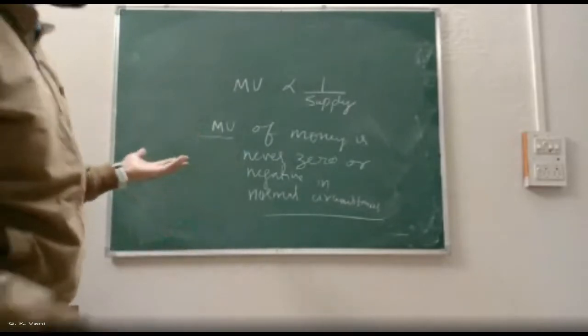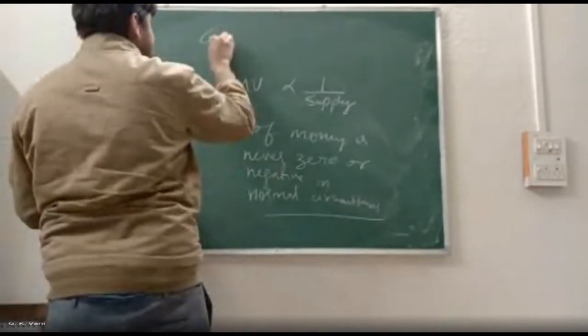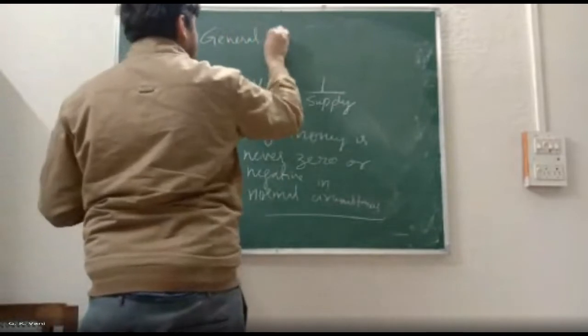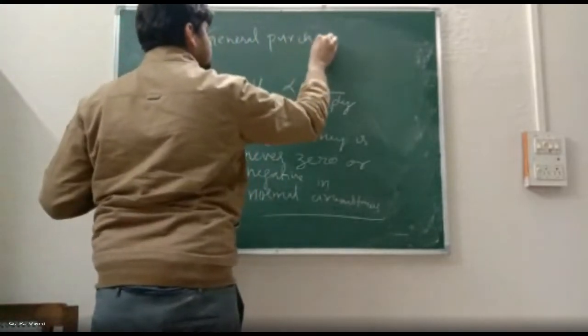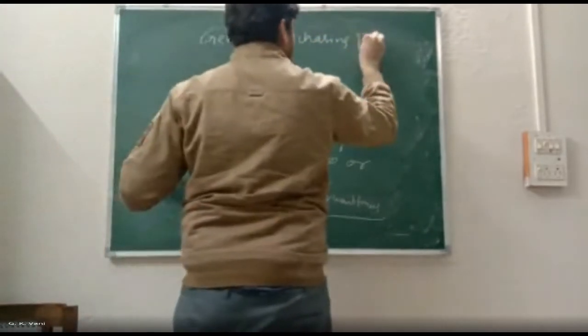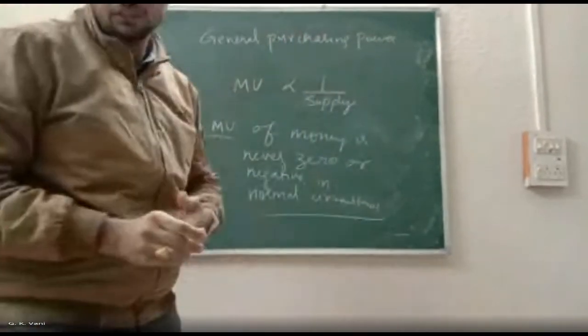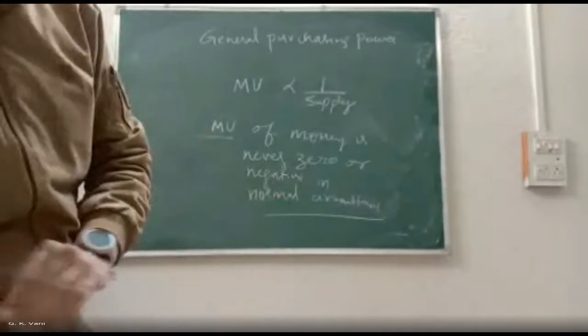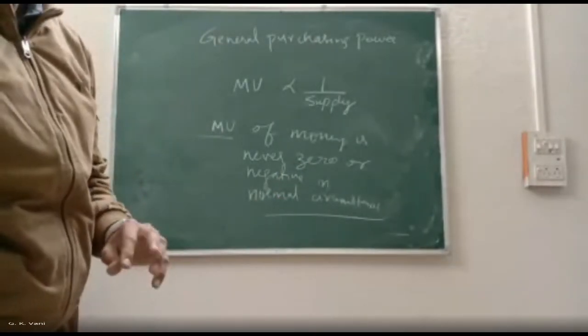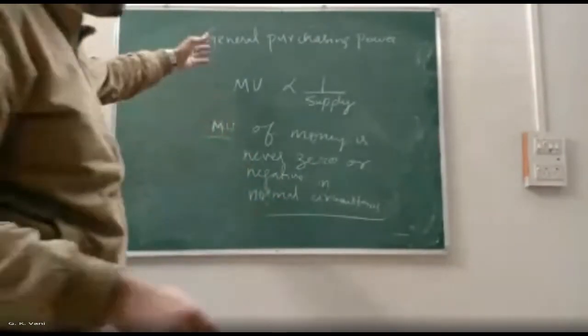Why is it never zero? Because money represents general purchasing power. You can buy anything with money. So if you have enough money, you can satisfy all your wants, right?